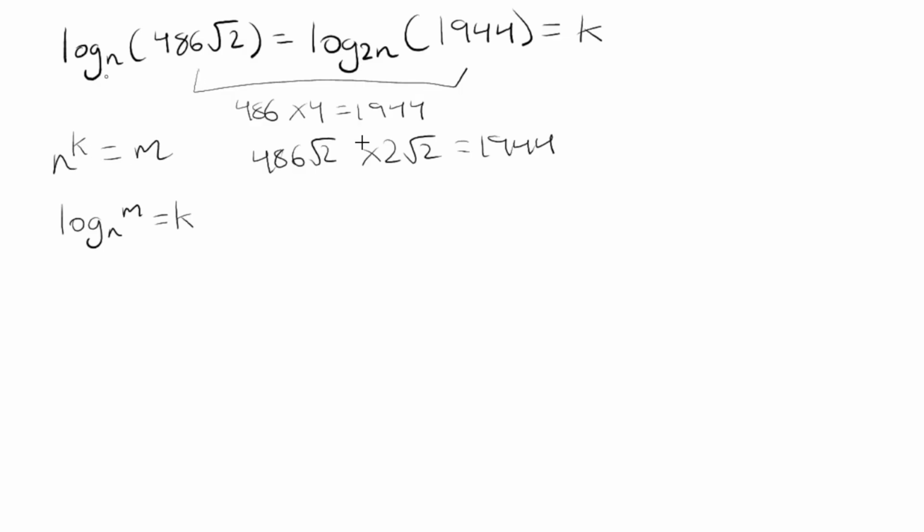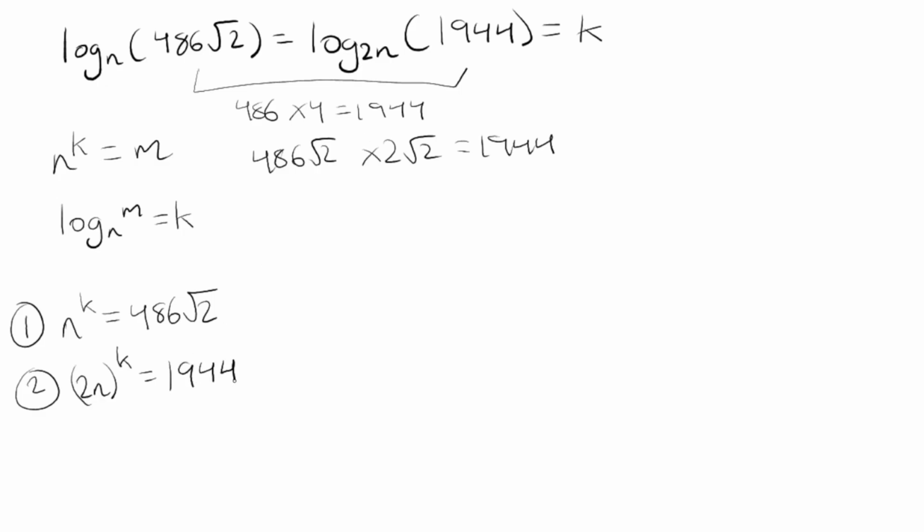In our case, n is n, k is k, m is 486 root 2, so we can sub that in. n to the k is 486 root 2. That's our first equation. And the second equation is 2n quantity to the k, which is going to get us the 1944, right?